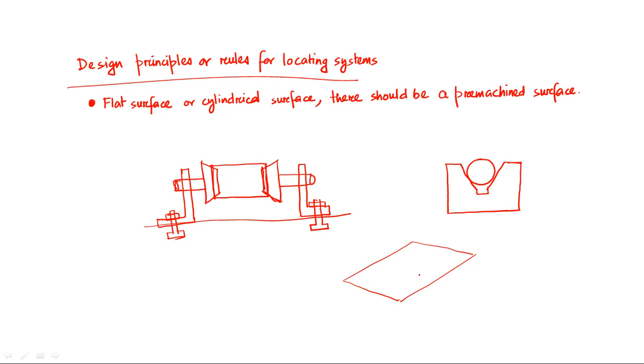Suppose here, here, and here, at these 3 points, we have pins that will provide support. But if the lower surface is not even, or the size of the job is quite large, in that case we can use adjustable pins, and those adjustable pins can provide support to the job at those specific locations.